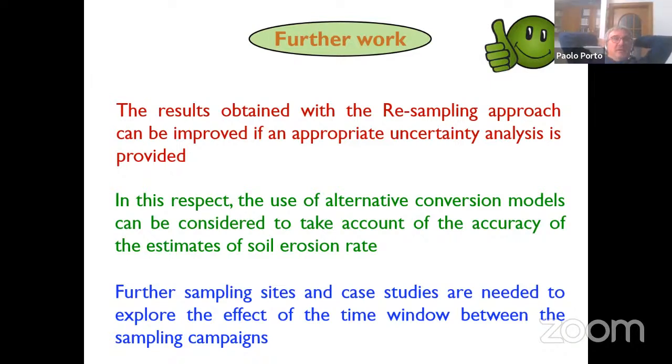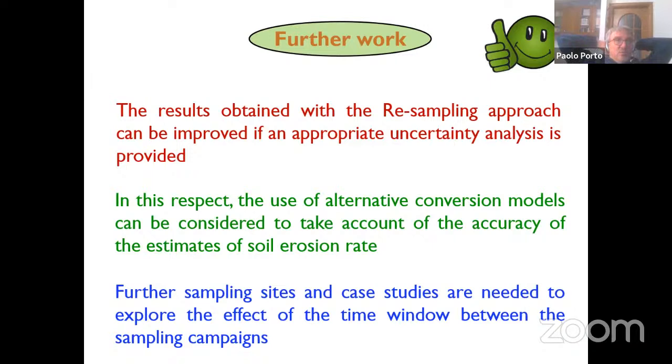Okay. Clearly, I just needed to show this because it is a very simple system. It's a closed system, so everything is under control, because the plots are quite small and the scale effect is very limited. But as I said in one of my first assumptions at the beginning, when you extend the study over larger catchments, the uncertainty increases.